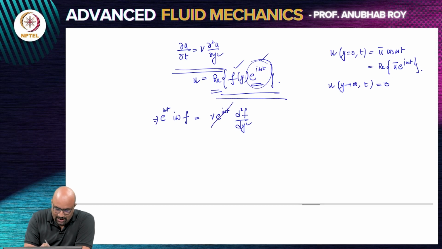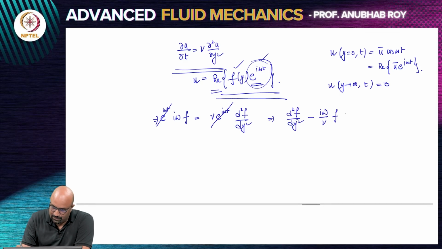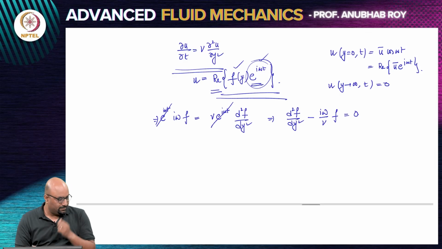Now you can see that the exponentials are going to vanish. This will be applicable for all time. So I can cancel out the exponential and I get a differential equation which is d square f dy square minus i omega by nu f is equal to 0.